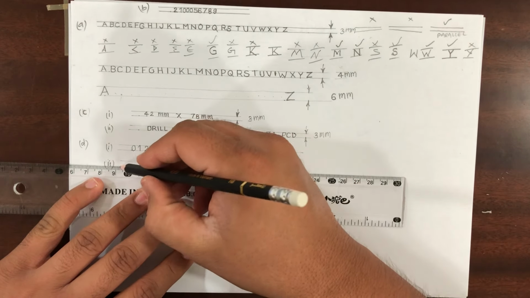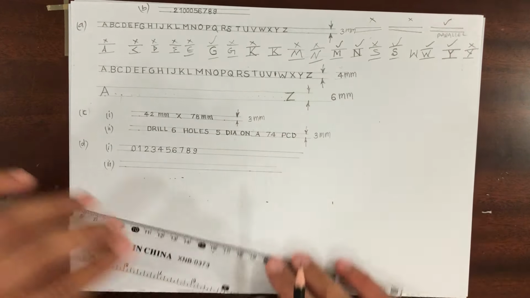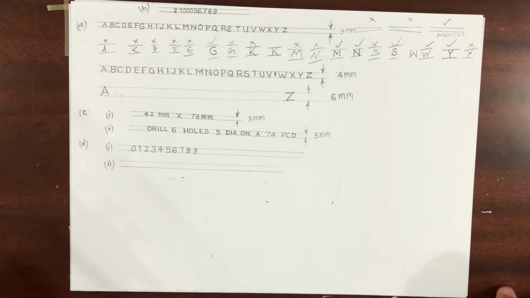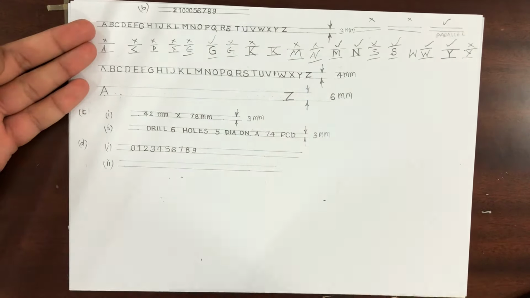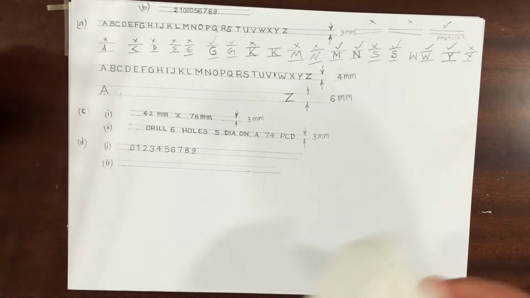Join the two dots to get a parallel line. See, the thing I explained is repeating here. So you have to keep your surroundings clear and clean this every time, or else the paper will get dirty.